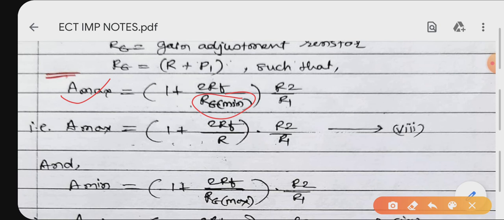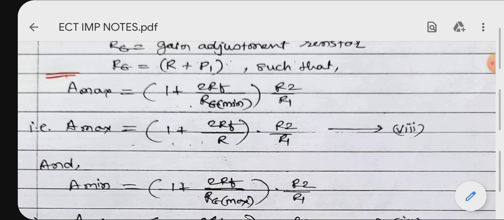What will be RG min? The minimum value of that branch will be the fixed resistor value only. If potentiometer P1 is at minimum position, that means P1 is equal to 0, and as we know RG is equal to R plus P1, the minimum value of RG will be only R.